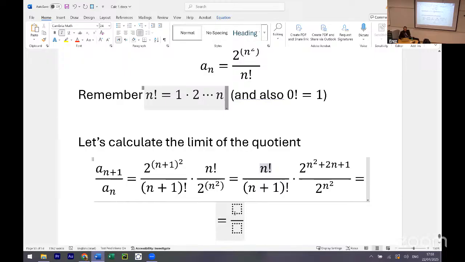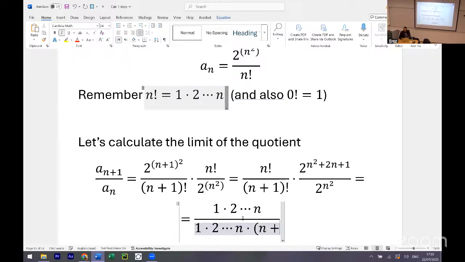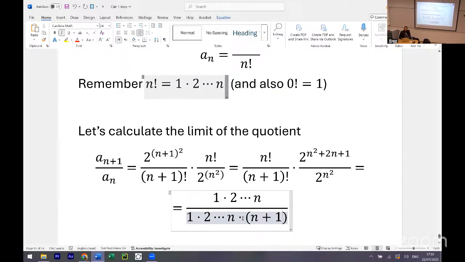So n factorial is 1 times 2 times n, and n plus 1 factorial is 1 times 2 times n plus 1. And now I think it's clear.